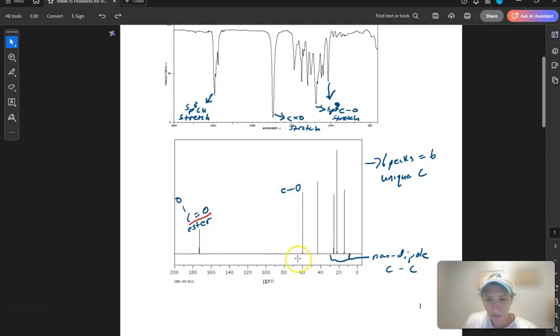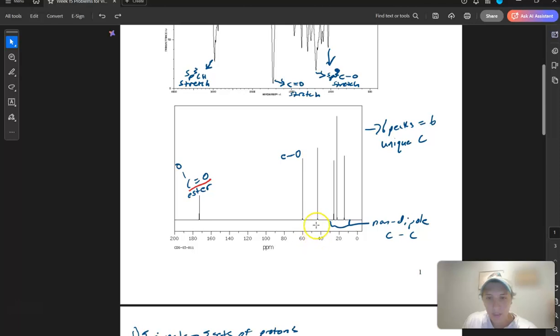And then if you move over, we see just past the 40 a carbon-to-carbon bond, but as you can see, it's more downfield than the non-dipole sp3 carbon-to-carbons. So you can kind of tell it's closer to this ester. It's less shielded and closer to that electronegative atom.